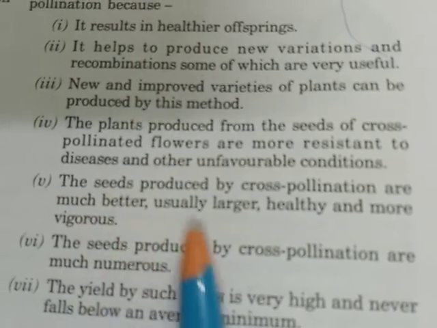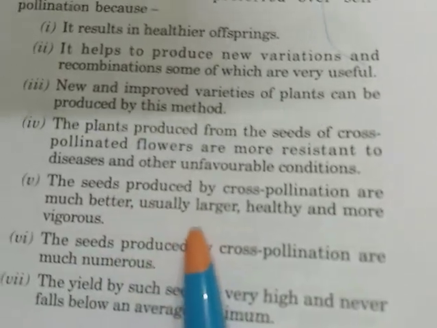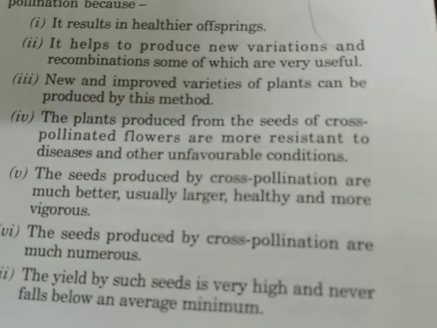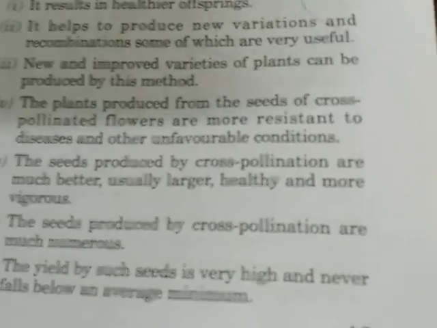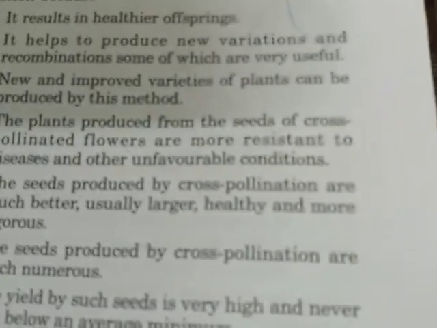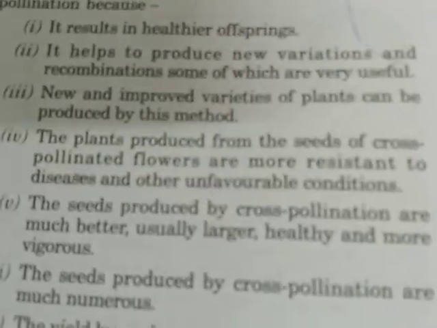See here in cross pollination, the seeds are larger and healthy. So whatever seeds are produced, they are disease resistant, they are of better quality, they are larger in size, they are healthy. All this happens in cross pollinated plants.